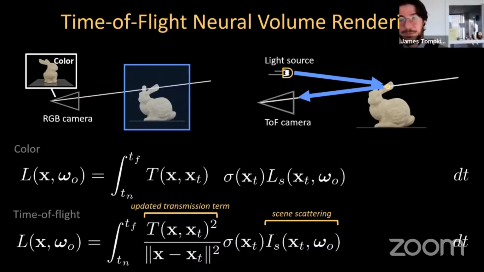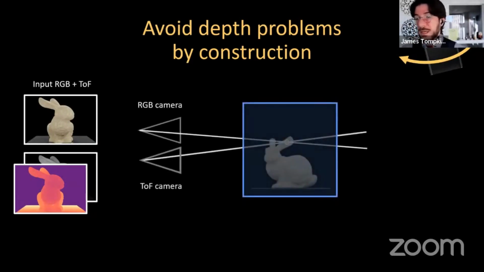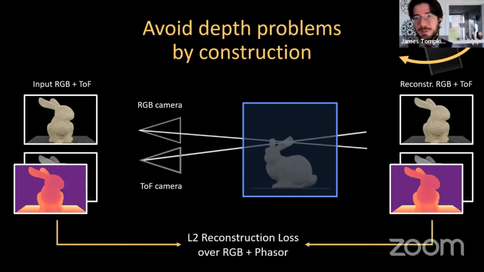Now that we've defined a second forward map, we can take RGB images and images from our time of flight sensor and jointly solve an optimization across both of them to reconstruct an image from our radiance field or time of flight field, if you want, and then penalize the loss and optimize the weights of the neural network to produce the right density and the right radiance.